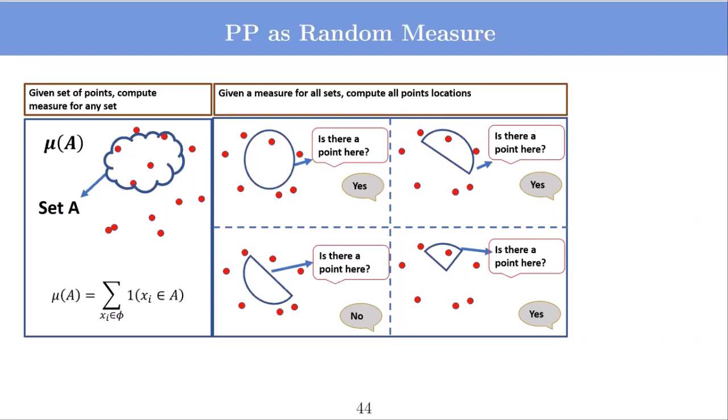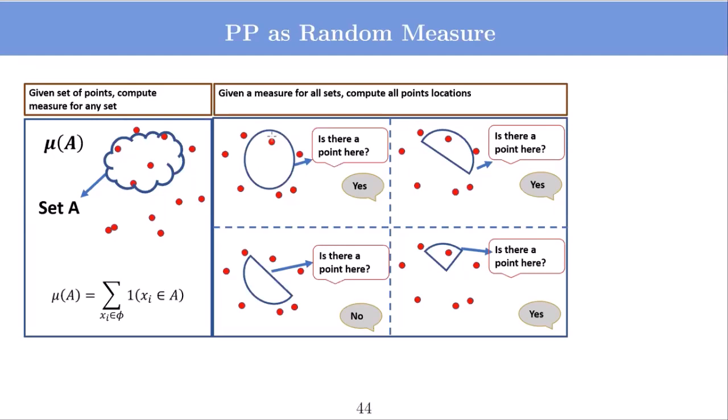So how can I compute these actual points? Let's take an example. Suppose I know the measure mu phi for all sets. Then for every point location, I take a ball and ask, is there any point here? Since I know mu phi, if I compute mu phi of this ball, I would exactly know how many points are there.